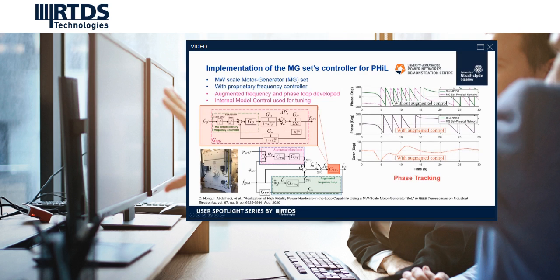The first plot is from the original controller. There's no phase tracking, as mentioned before. And the second one is with the augmented phase loop. You can see that during the disturbance, the maximum phase error is about 10 degrees in this case, and it very quickly reduces the error to a much smaller value.